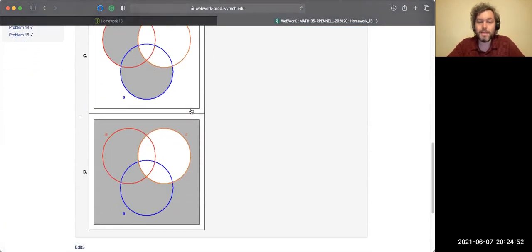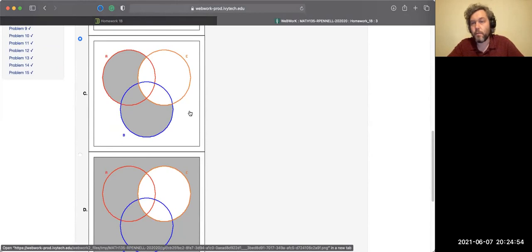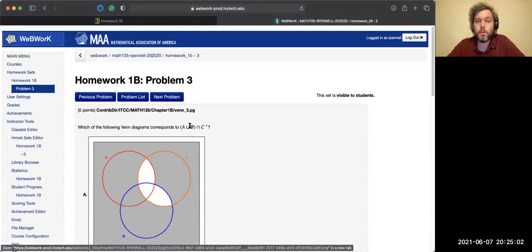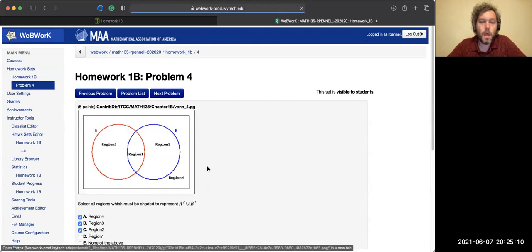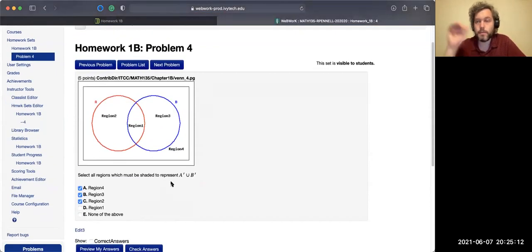So we don't want this outside. That would be a different problem if it was a union. Okay, so we don't want that. So this would be the correct answer for A union B intersects C complement, which is like A union B minus C. All right, this is very similar, except it just talks about regions, and it's a multiple choice question.